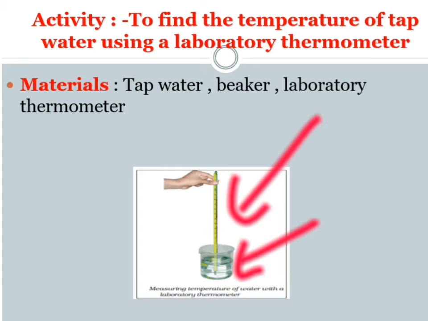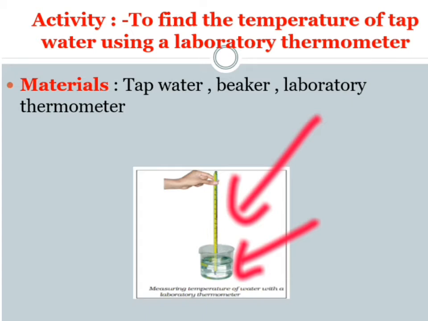Hold the thermometer vertically and observe the movement of the mercury level in the thermometer. Wait till the mercury level becomes steady and note down the reading of the thermometer.